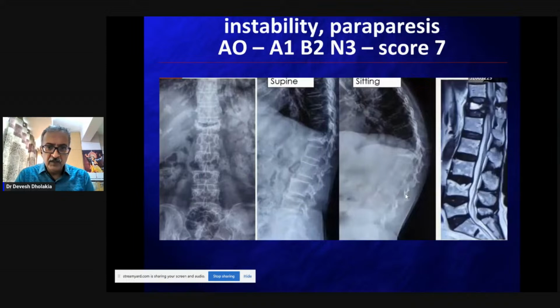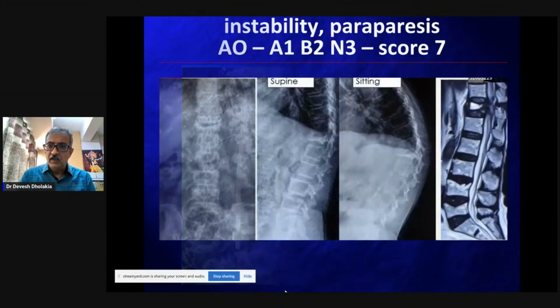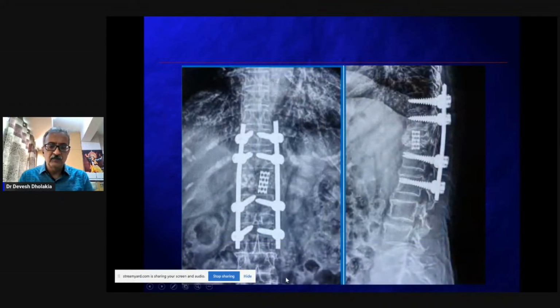The other type of injury, you can see a D12 compression fracture there in the older age group, and you can see the kyphosis there, pressing on the spinal cord here. We excise the bony fragment, replace it with bone graft and a cage, and put screws so that the patient had a neurological recovery and could be mobilized at the earliest.